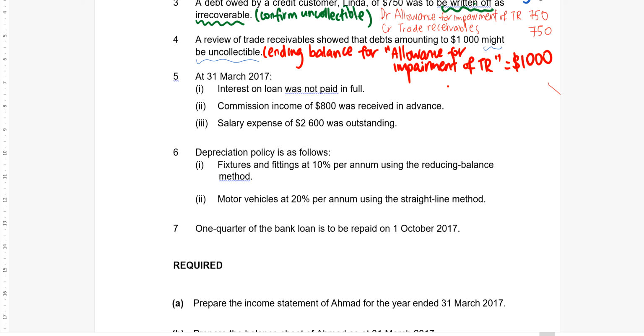Which means that I want my ending balance for my allowance account to reflect a value of $1,000 because this is the amount that might be uncollectible.